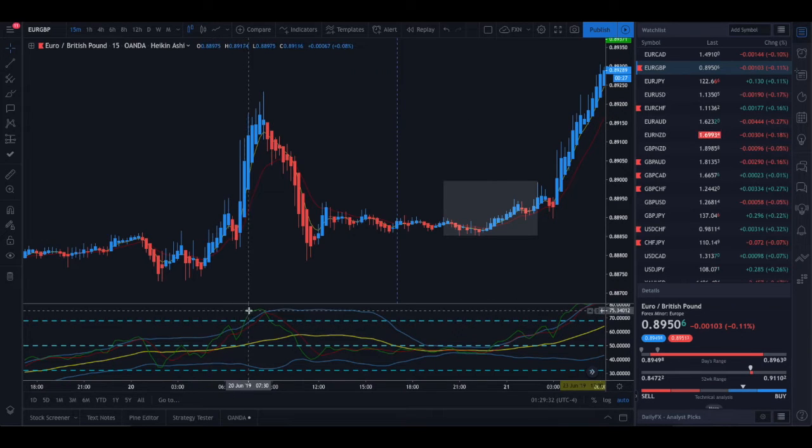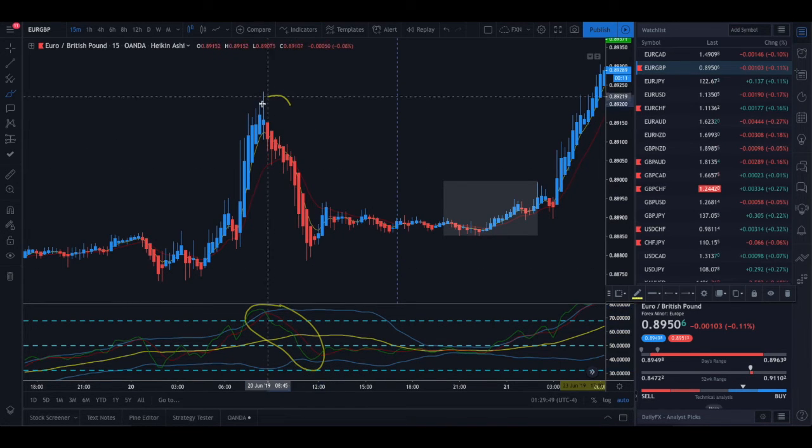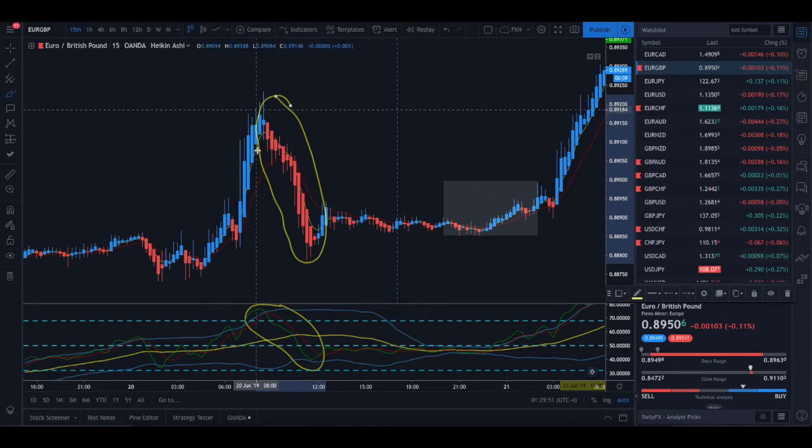We ended up getting price moves outside of the bands, and then boom, it just crosses straight over like this. This example right here would be the perfect example. Literally, this would be the perfect example.